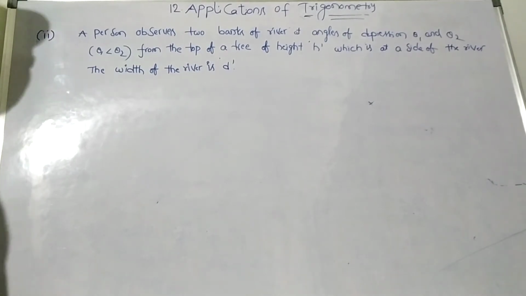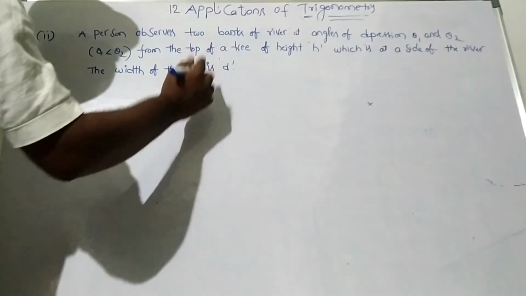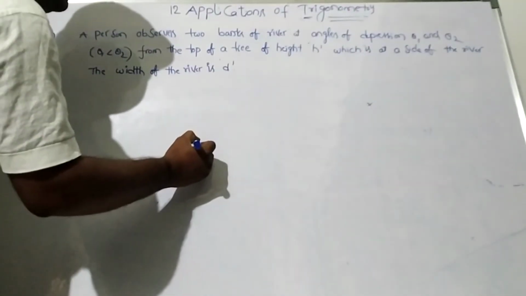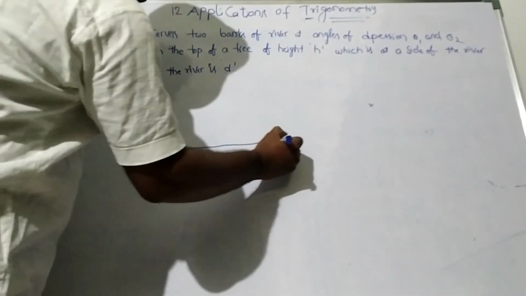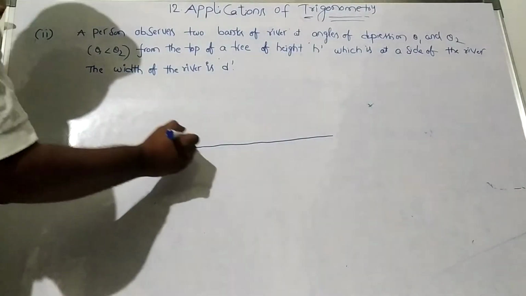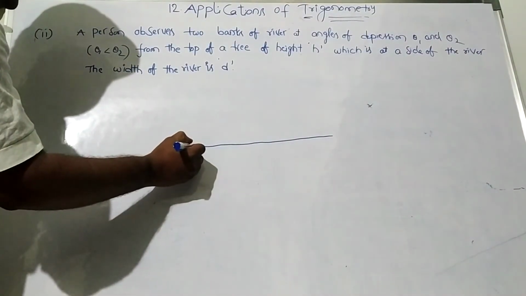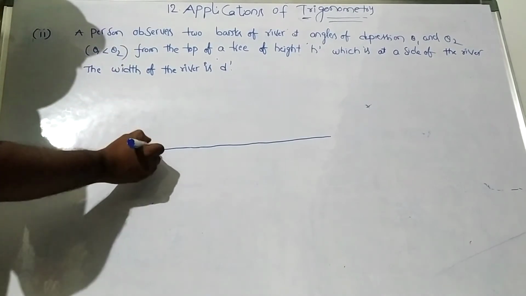So from the top of the tree of height h, observe here, this is the river. This is the first bank.